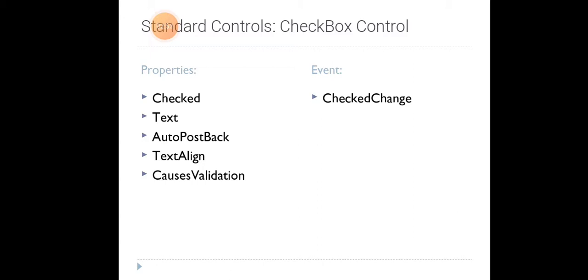The server will process and reply with the response back to the client. For that, the property is postback. In web server controls, each and every action will automatically postback. Next, the event. The event for the checkbox is CheckedChanged. The action takes place when changes take place in the checkbox.